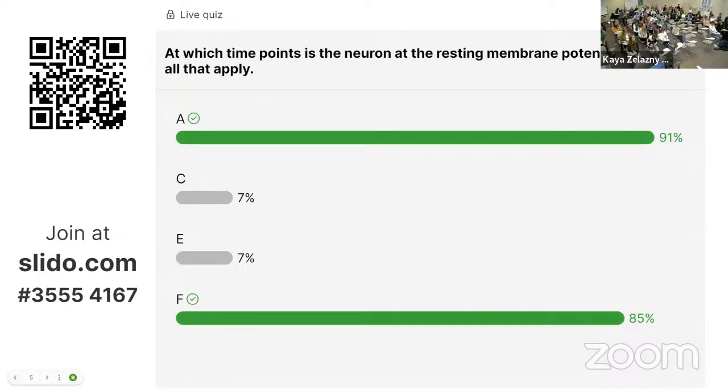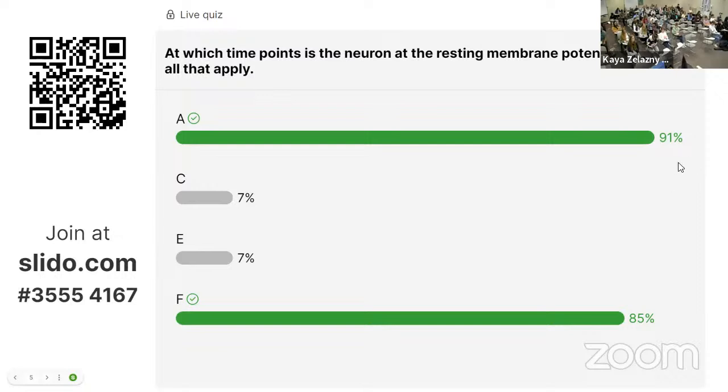So, yes, we both begin at rest and then end at rest. We are at -70 at our resting membrane potential to begin with. We have graded potentials forming as we start to have that neuron have signals coming in.